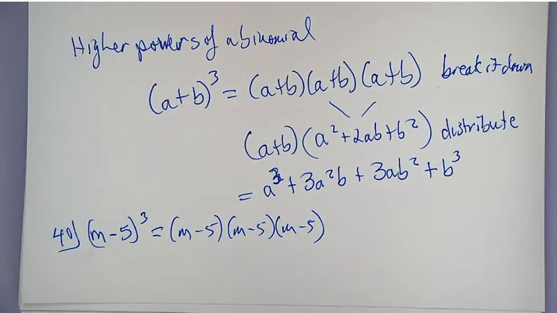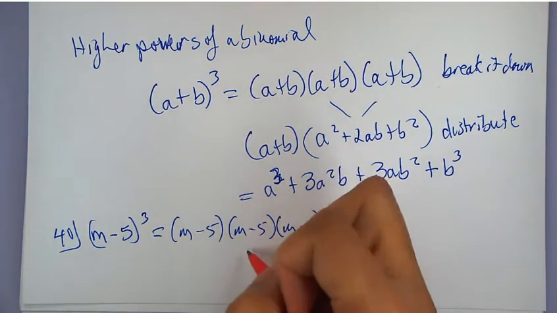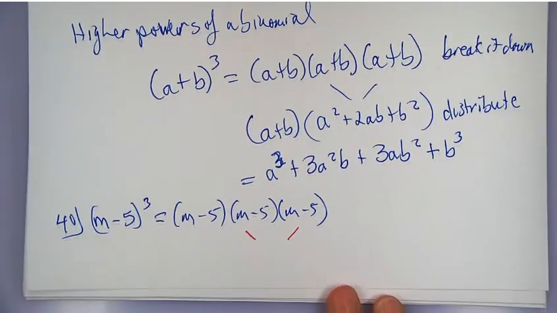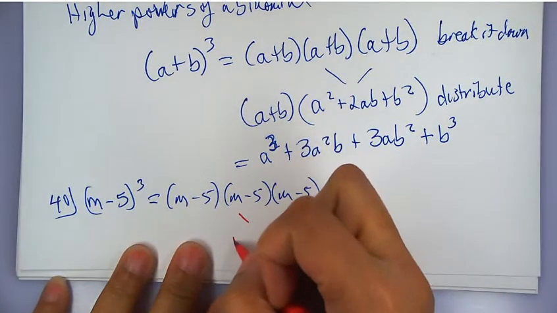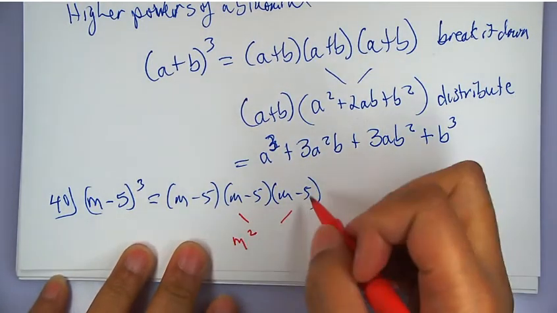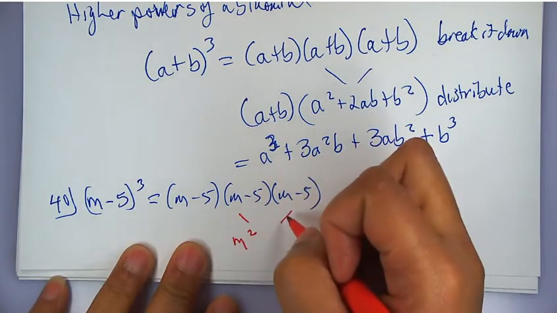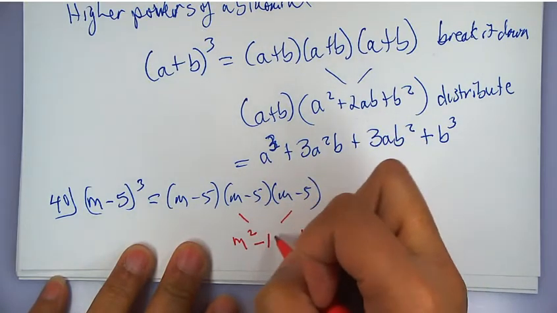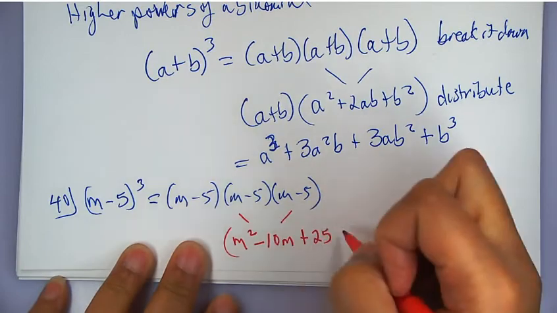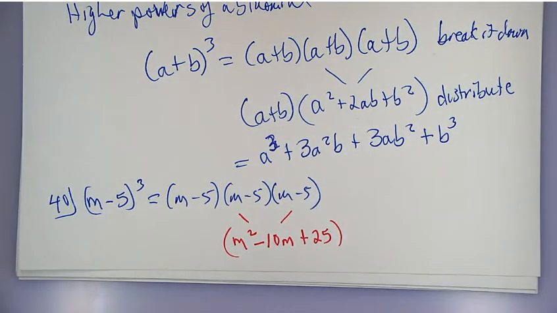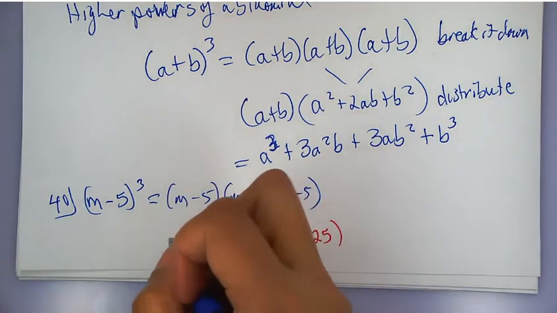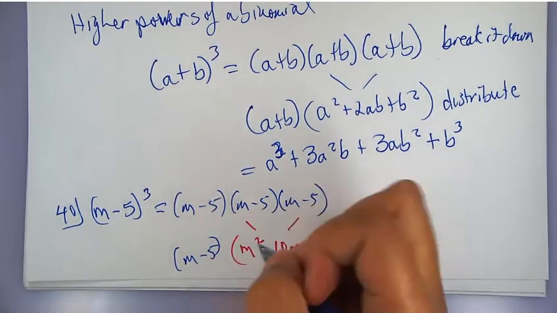I'm going to multiply these two right here. Now remember, that's the same as the first formula that we learned. Take the first squared, take the second one squared, multiply them, get negative 5m, and double it, I get minus 10m. So we have that. Then you've got this m minus 5 in front.